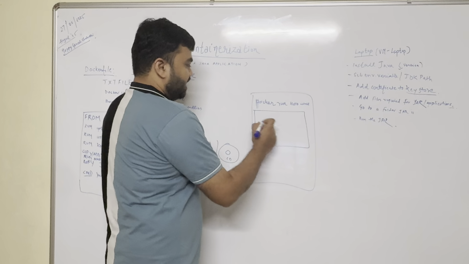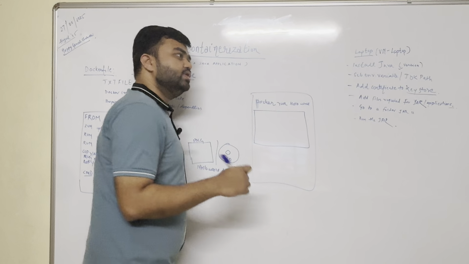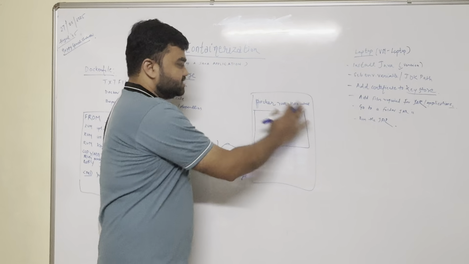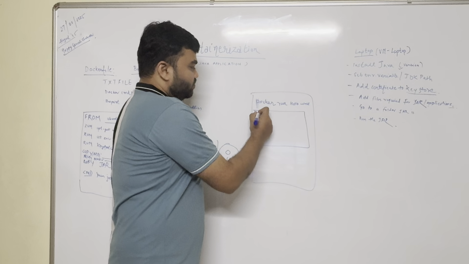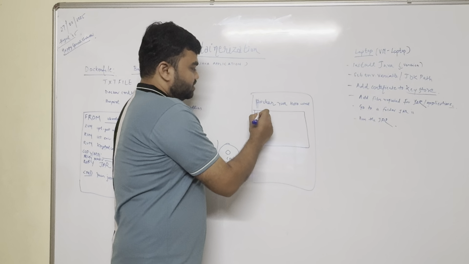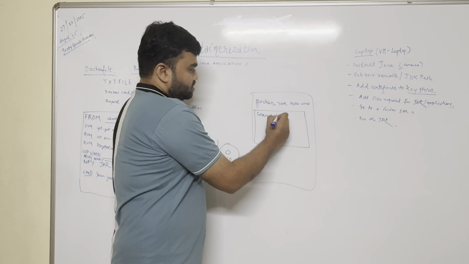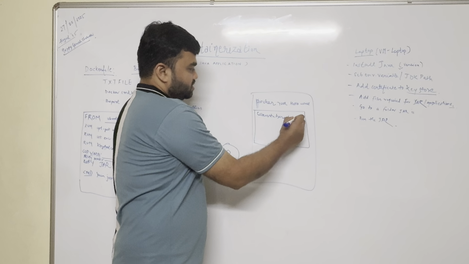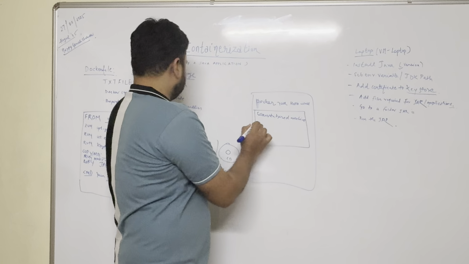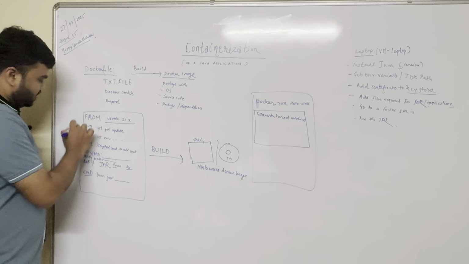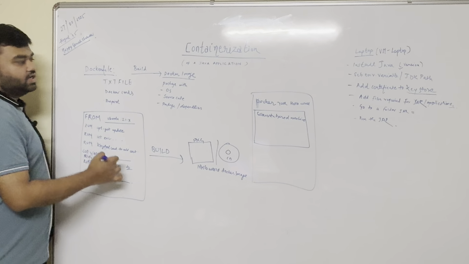Like how we have a VM, it will open a screen wherein you will have your Ubuntu based machine, in which whatever we have written here, whatever we have done here, will all come up.